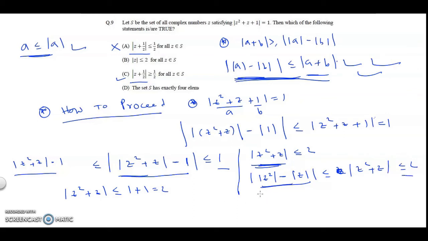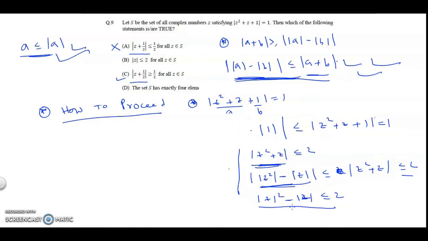Now we can again use this concept. What we have found is modulus of z square minus modulus of z is less than or equal to 2. So now we will take modulus z common, and it is less than or equal to 2.